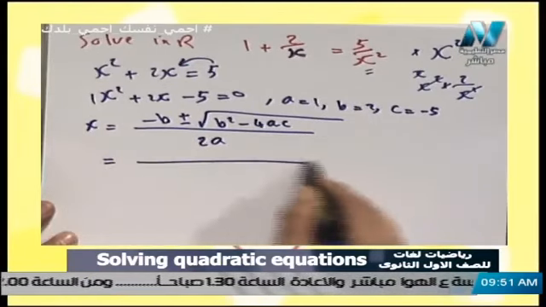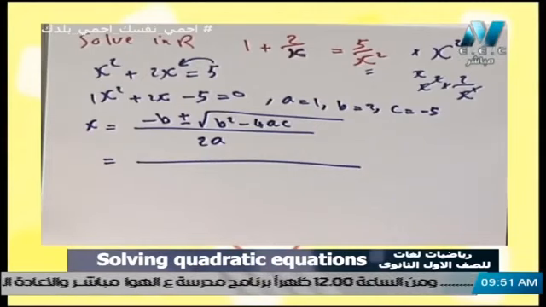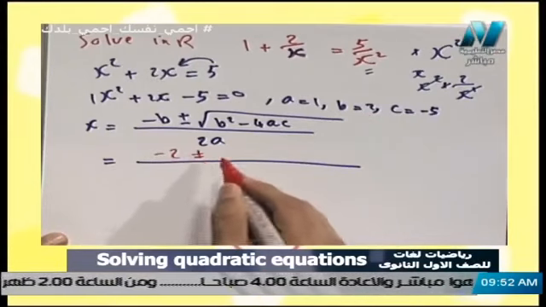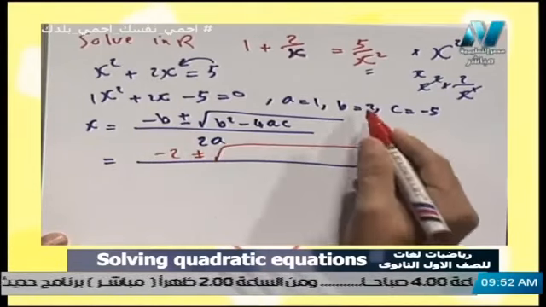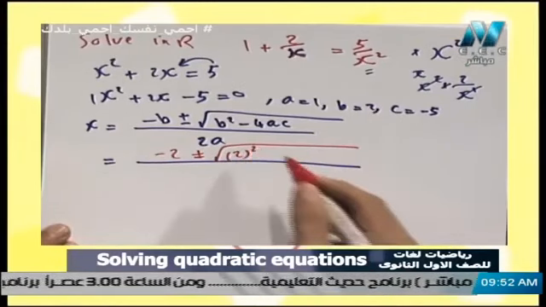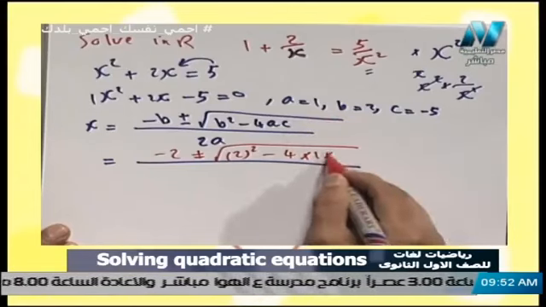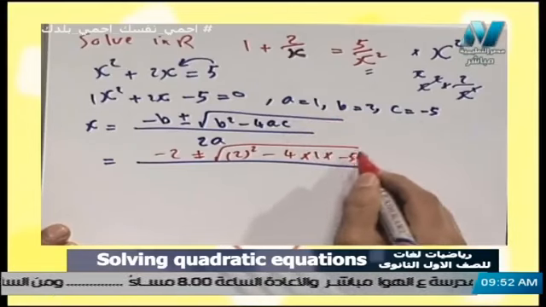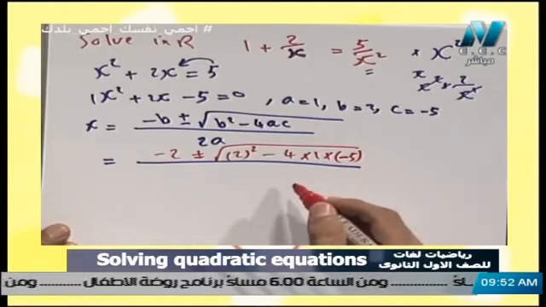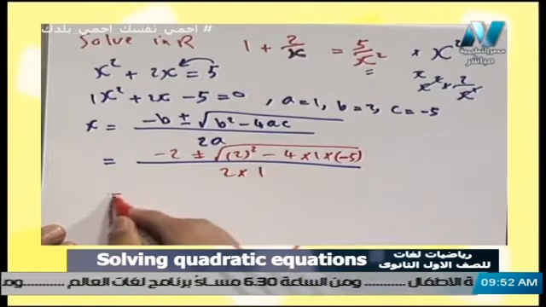By substitution, we will find that negative b will be negative 2 plus or minus square root of b power 2, meaning 2 power 2, minus 4 multiplied by a, which is 1, multiplied by c, which is negative 5, and my advice also is to put it in a bracket, over 2 multiplied by a, which is 1.